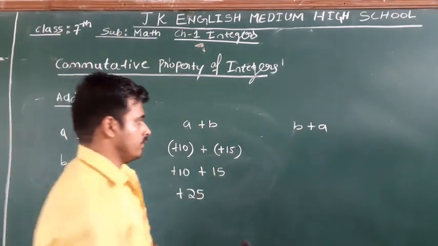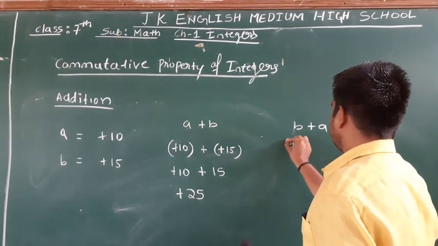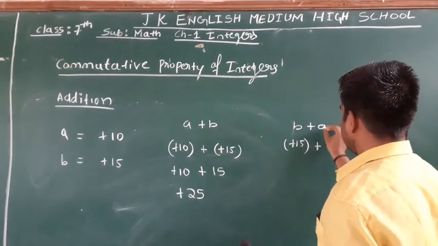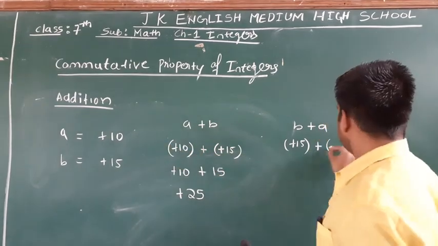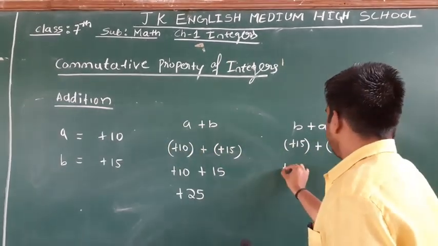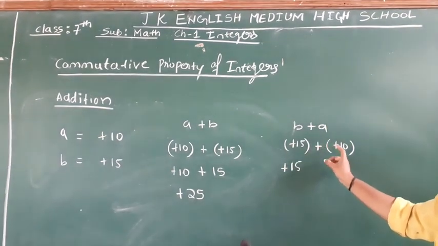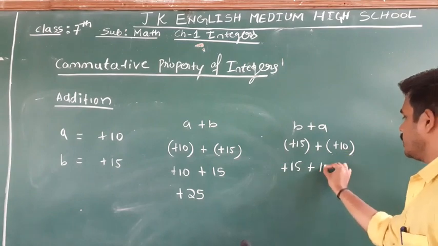Now check here. In place of B, write B's value, plus 15. This plus as it is. In place of A, plus 10. Solve it. Plus 15, plus into plus, plus 10 is outside.